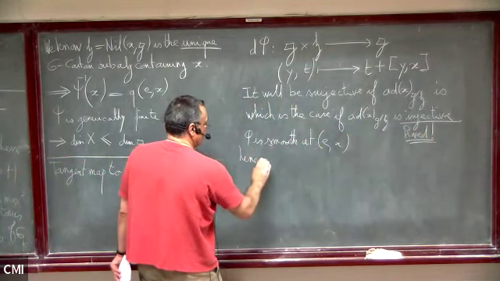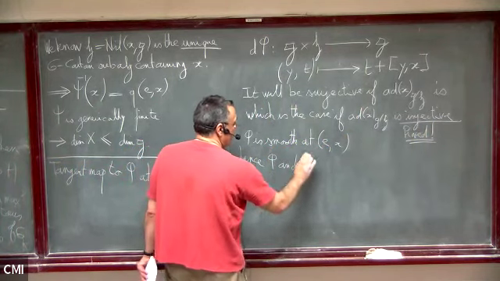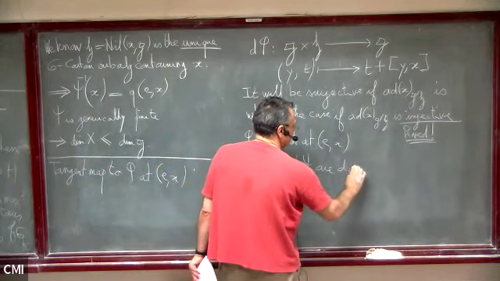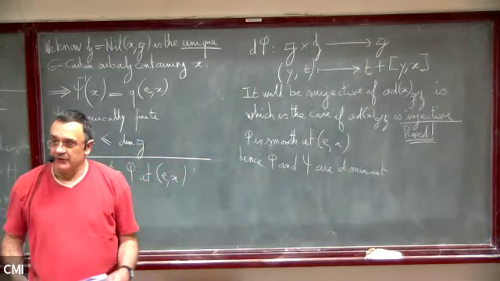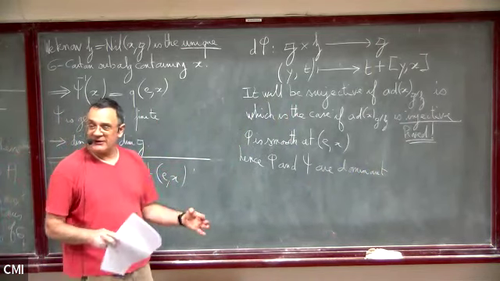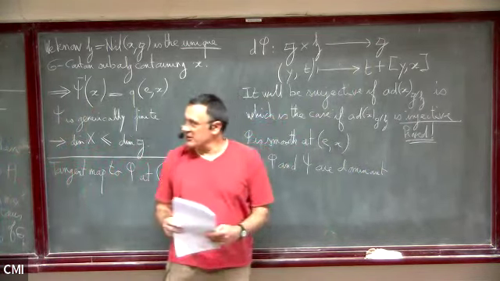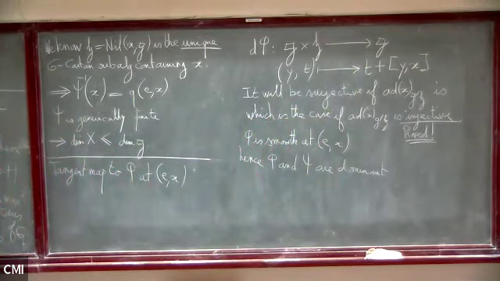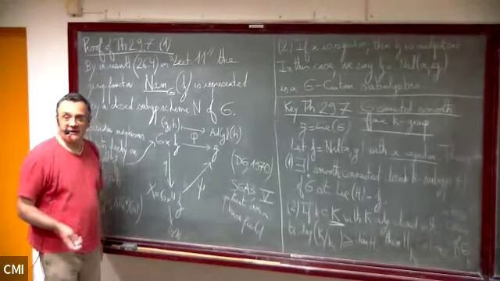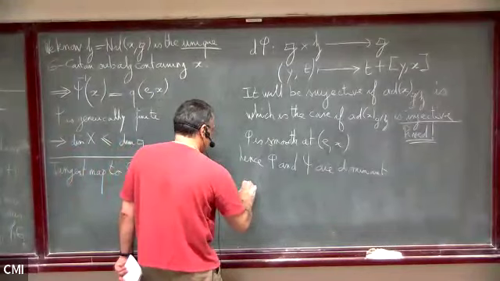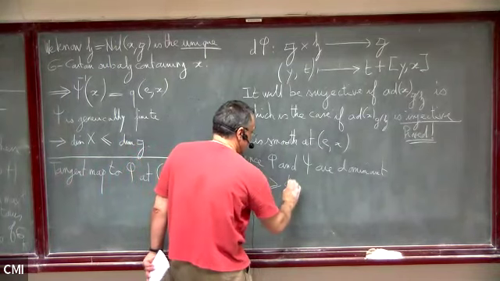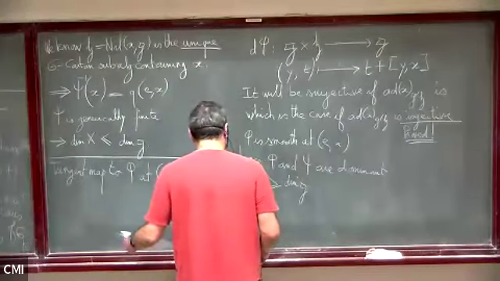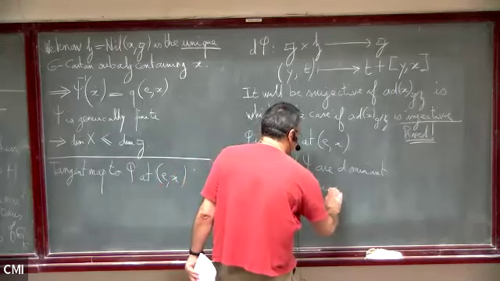Hence phi and psi are dominant. It is smooth, so the image contains an open subset near the image here. And since phi factors through this one, this means that phi is dominant. And so this tells us that the dimension of the source is greater than or equal to the dimension of G, and hence we have equality.